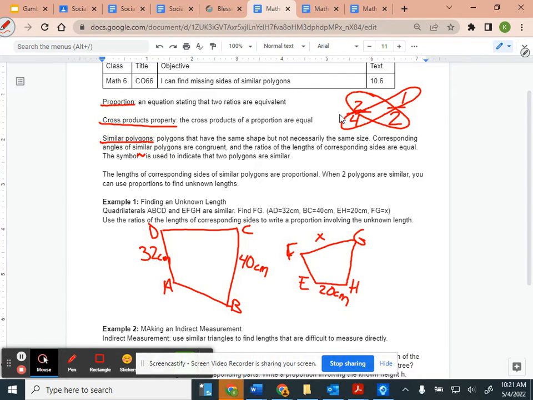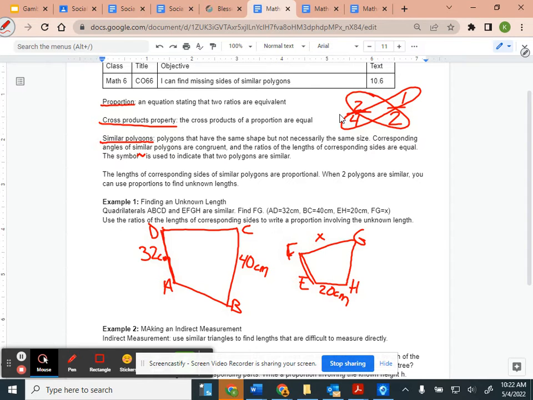Our polygons are turned, so they don't match up. We don't say AD matches with EF because it's actually flipped. So we have to be careful. Remember, we have to look at our names to see what matches with what.